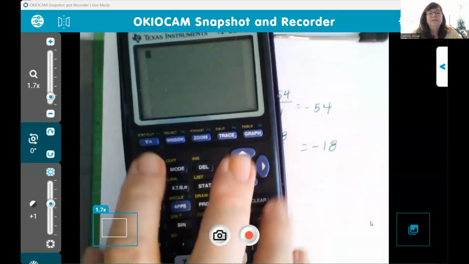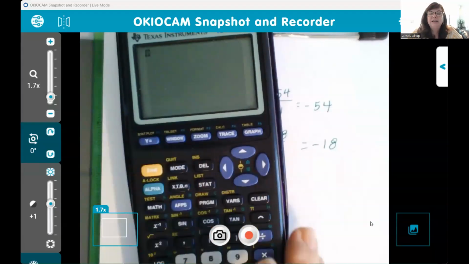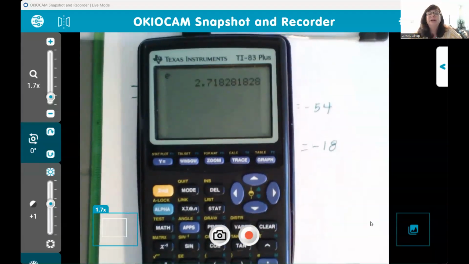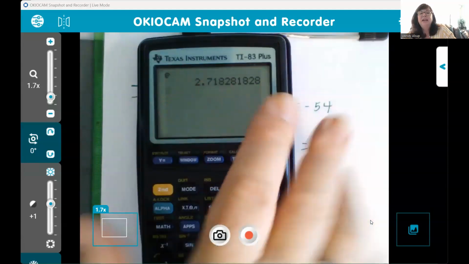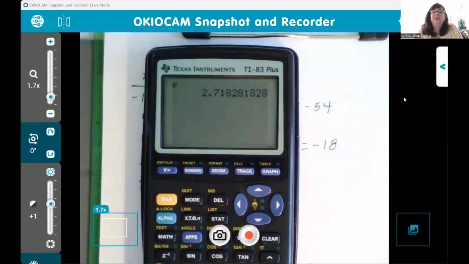Second, and I'm going to do my e again, and I just want to see what it equals. It's about 2.718281828. This is rounded, okay? It actually doesn't repeat and it doesn't end. It's an irrational number, okay? e. And it shows up in a lot of financial applications.